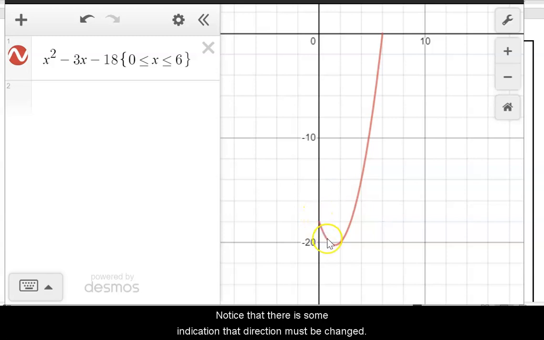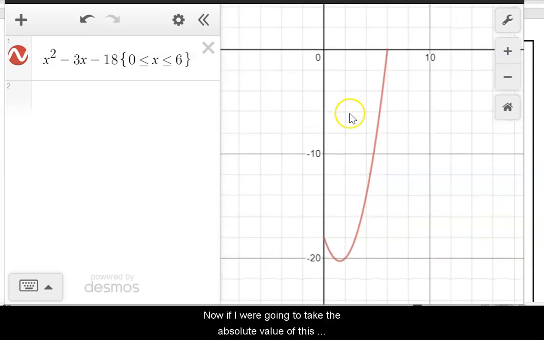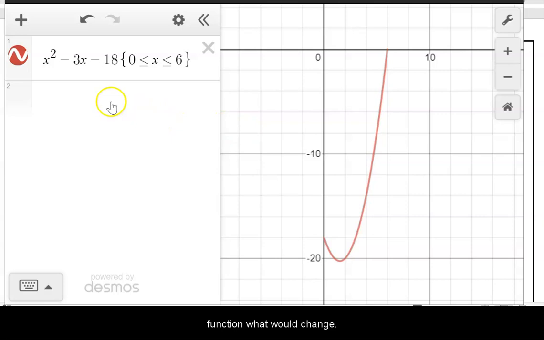Notice that there is some indication that direction must be changed. Since this is the velocity, however, notice that the velocity function is always below the axis, meaning that the velocity is always negative. This must mean we're traveling in that direction. Now, if I were going to take the absolute value of this function, what would change?